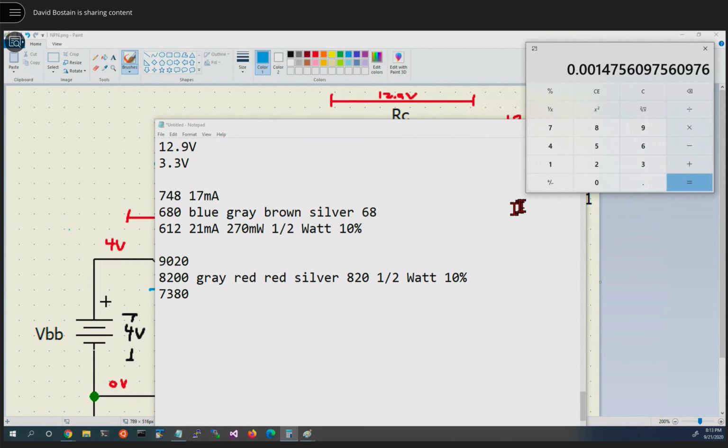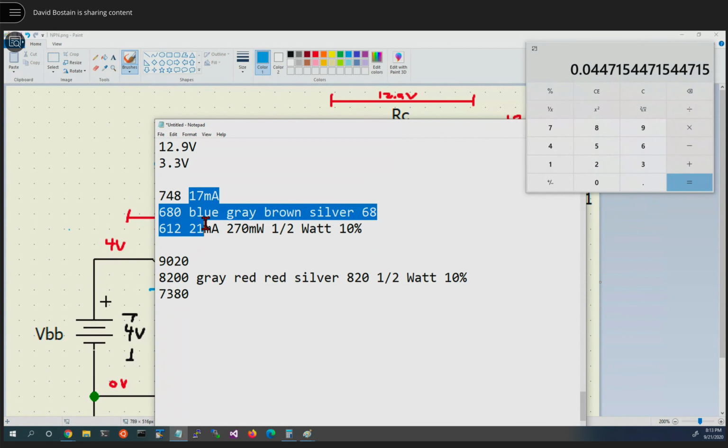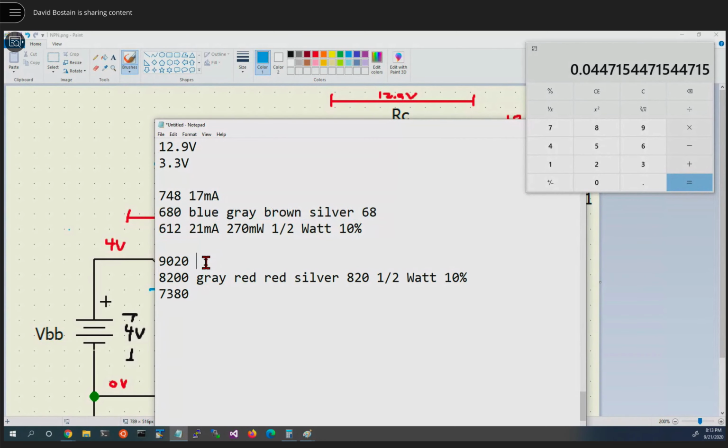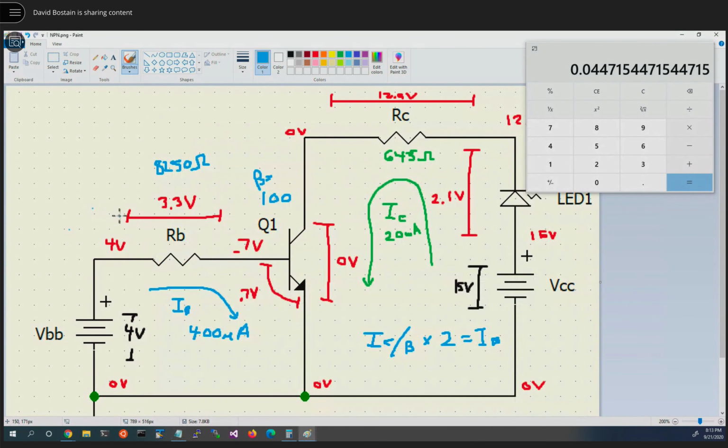The other thing we could have done is that we could have taken this and multiplied it times 100. And we'd have seen it was 44 milliwatts now, which guaranteed is bigger than any of those numbers, guaranteeing saturation. So you could do those as a check, and you'll probably impress me if you have a nice little table of all this stuff. So what we've decided is we know what values we need to get.